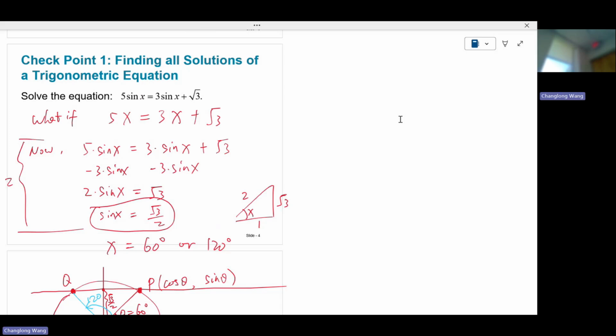So therefore, your goal is to first isolate those trig functions, right? So take the sine with it. Once you get to those more fundamental equations, by fundamental, I mean you have that single trig function isolated and is equal to a number.